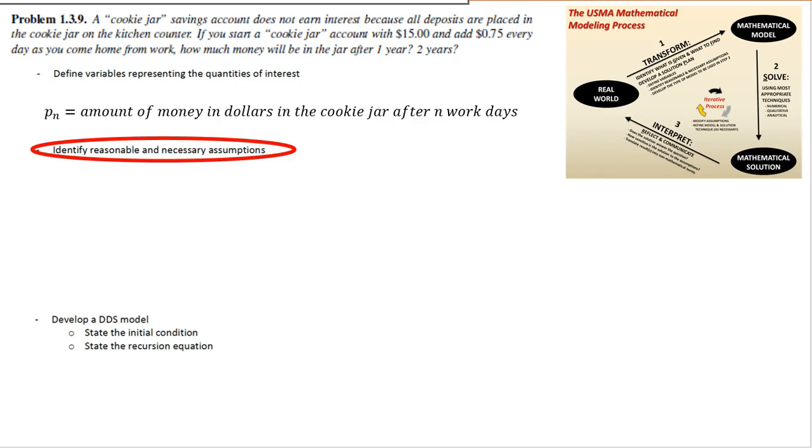Let's see if we can identify some assumptions for this problem. Since I'm focused on money in my account that's being deposited every workday, I want to assume that I consistently deposit in that cookie jar every single workday. But I need to also make an assumption on the days that I work and how many days I work in a year.